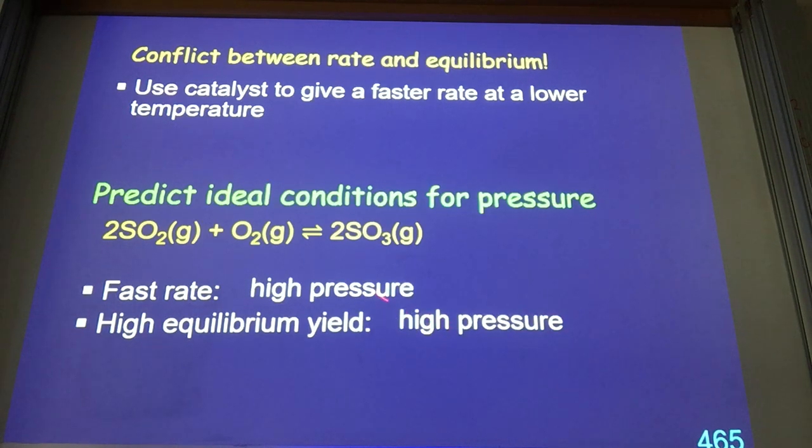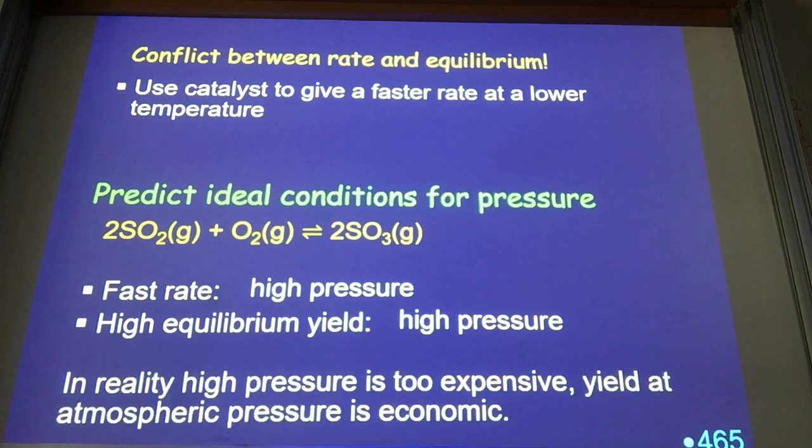So, in theory, high pressure favours both. However, when you're talking about these massive industrial systems with gas phase reactions, high pressure is really challenging. So they actually do it at atmospheric pressure because the increased yield by using high pressure just isn't justified economically.